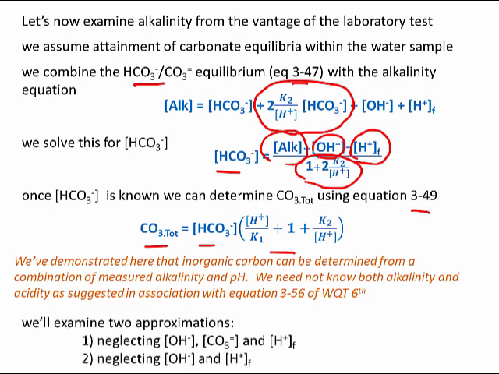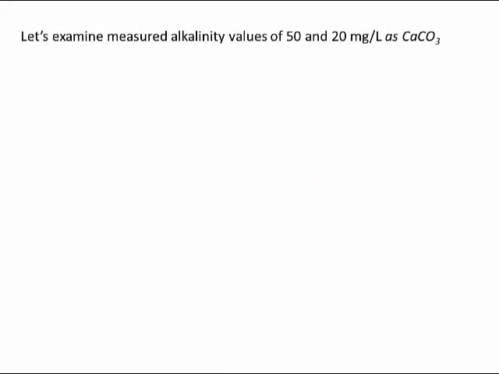So we'll examine two approximations. Let's neglect hydroxide, carbonate, and the final hydrogen ion concentration, and then let's neglect just the hydroxide and the final hydrogen ion concentration. So let's examine measured alkalinity values of 50 and 20 milligrams per liter as calcium carbonate.